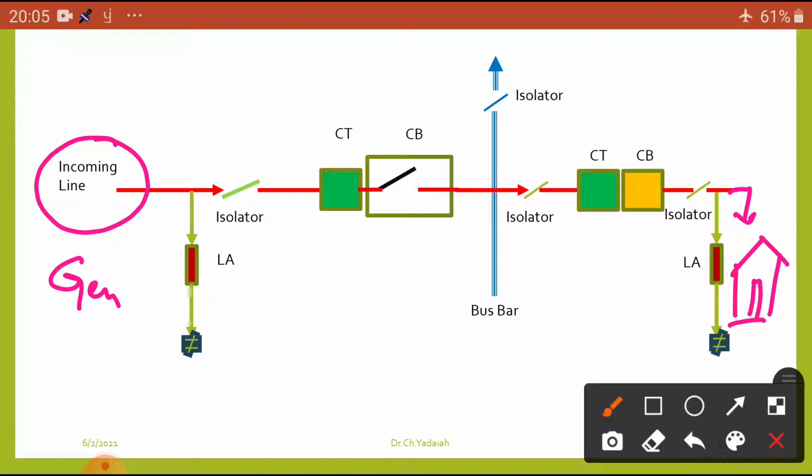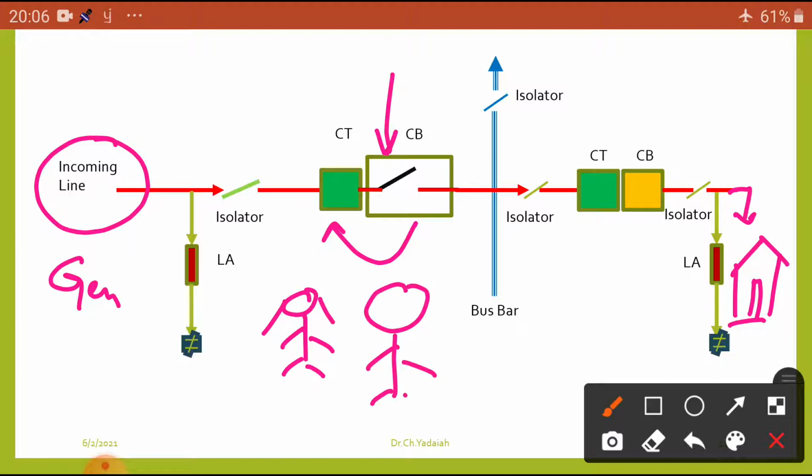As you know, current will always flow only in a closed circuit. Here, for the main operation we are going to depend on the circuit breaker. A single circuit breaker may not operate; it always works along with its sister. As we already discussed in previous examples, CT is the sister and CB is the brother.